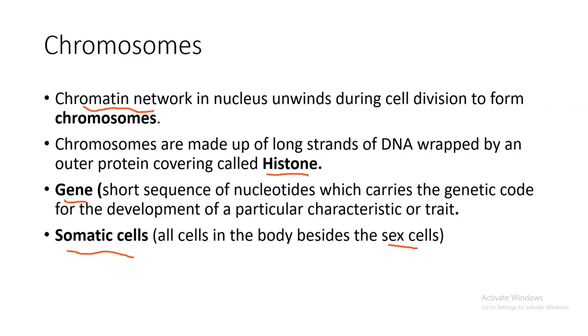Those are your sex cells. So your sex cells determine the gender of the baby, but your somatic cells are all over the body. For example, when you are doing genetic modifications such as cloning, they tend to use the somatic cells, which we'll cover later on.